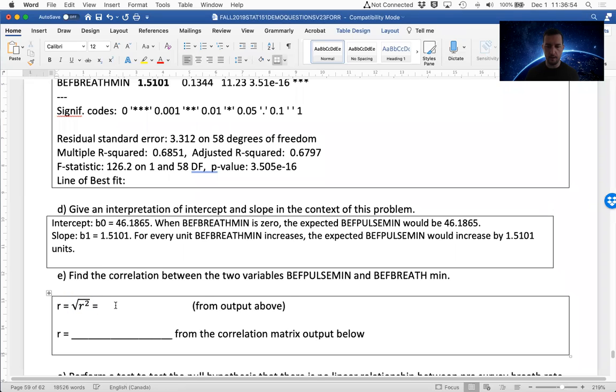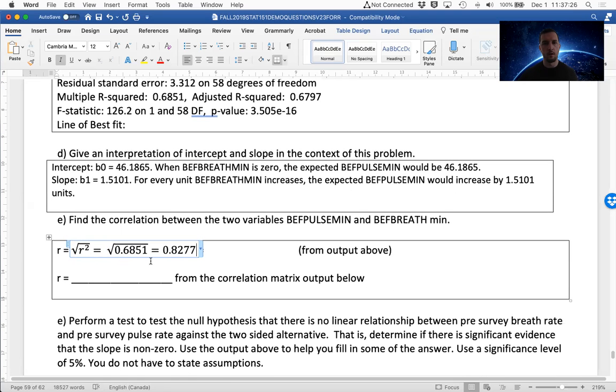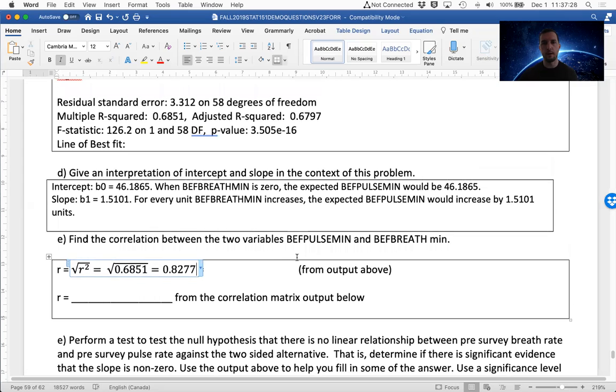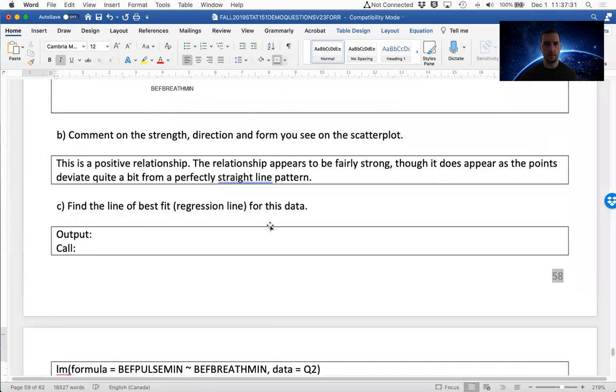So what we would have here is that this thing is equal to the square root of 0.6851, which is equal to 0.8277. All right, and then R, and then using it from the correlation matrix outputs.